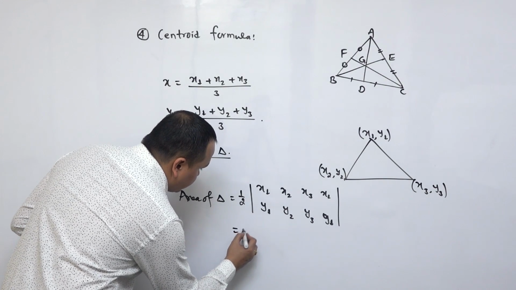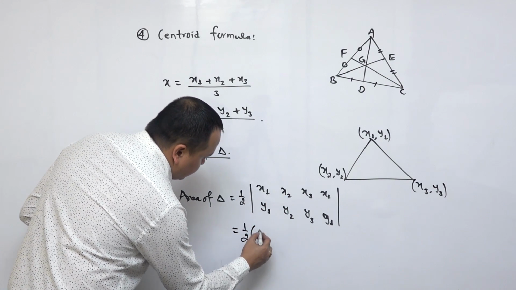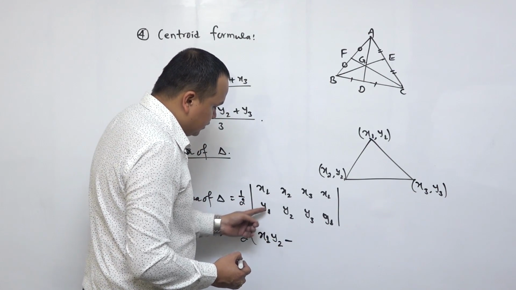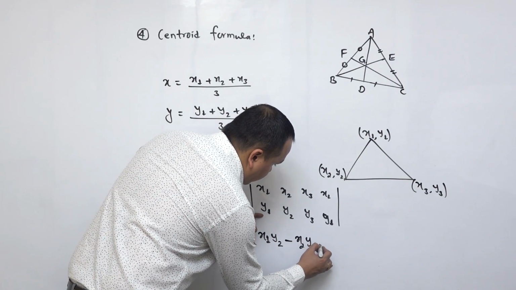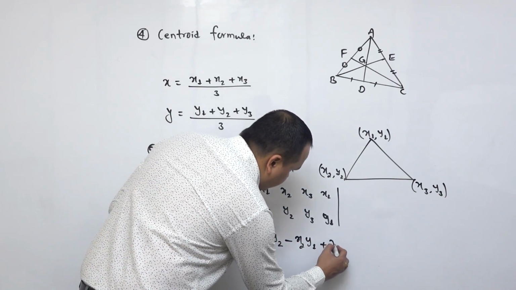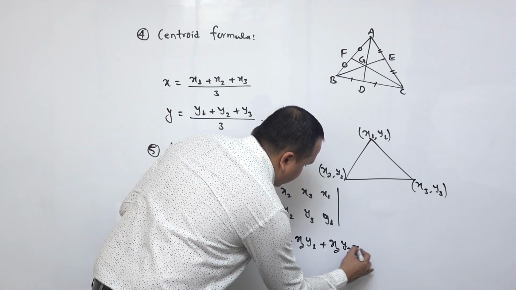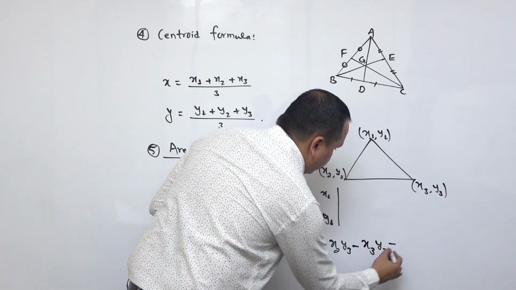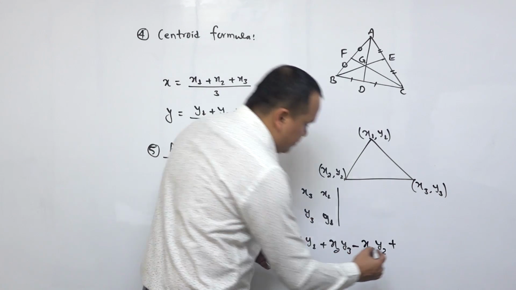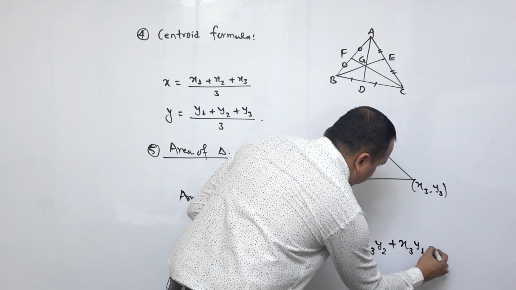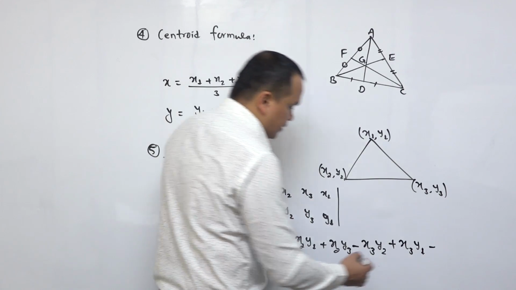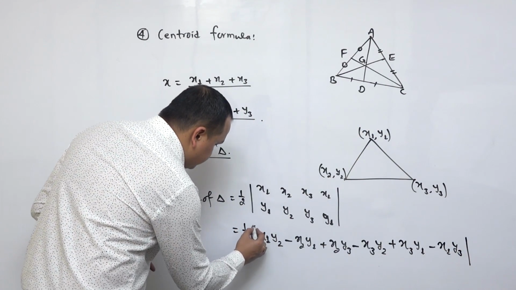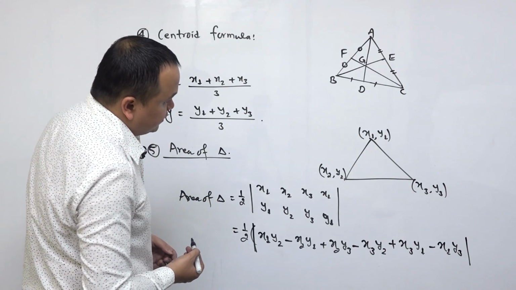Then this is 1 upon 2 times x1 times y2 minus x2 times y1, plus similarly x2 times y3 minus x3 times y2, plus x3 times y1 minus x1 times y3. Which gives the area of triangle.